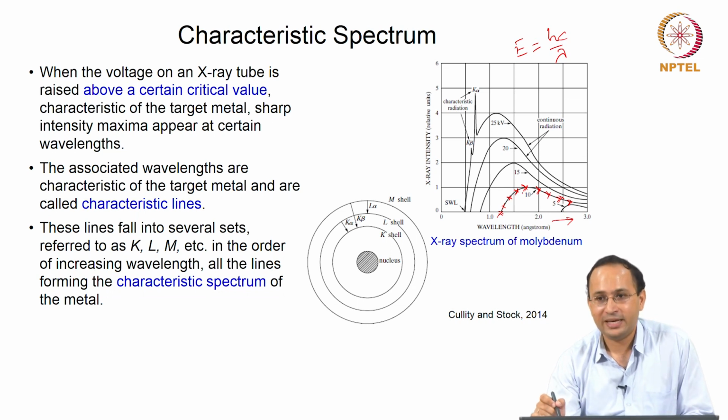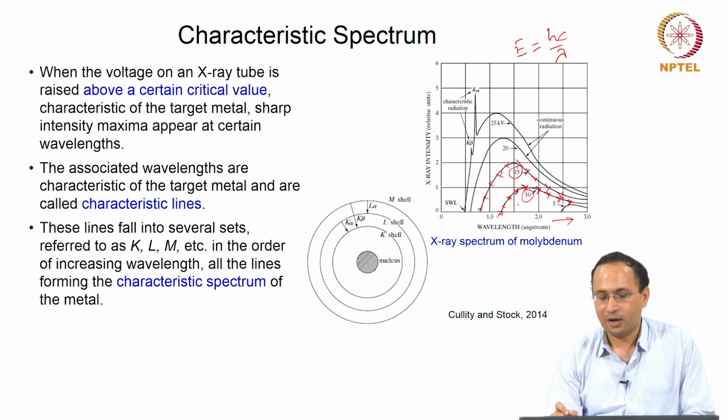Now you increase this 10 kilovolt to 15 kilovolt. What happens? The curve shifts towards left, and you again see a mixture of wavelengths having different intensities. Clear?